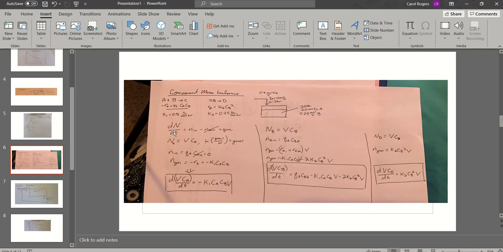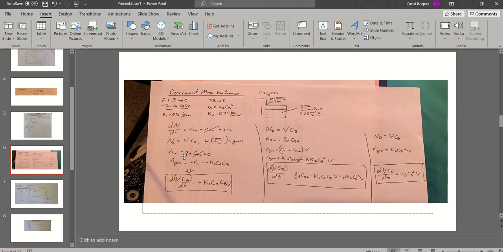So for one component, this whole area is my work for component A, and then B and D. Our balance around component A, you start with the amount that's inside of the reactor, Na equals the volume times the concentration, and once again you can look at the units and convince yourself that that is the equation for the amount of moles within the reactor at any given point.